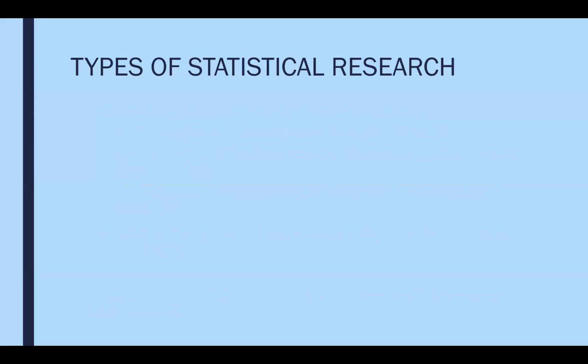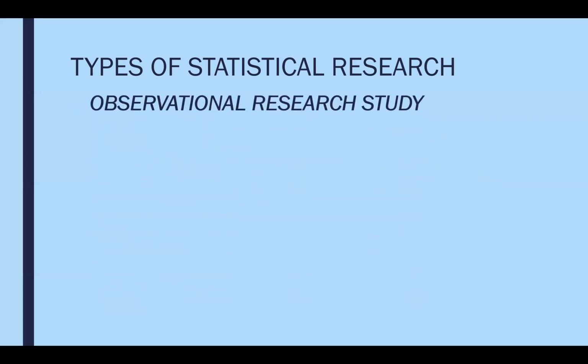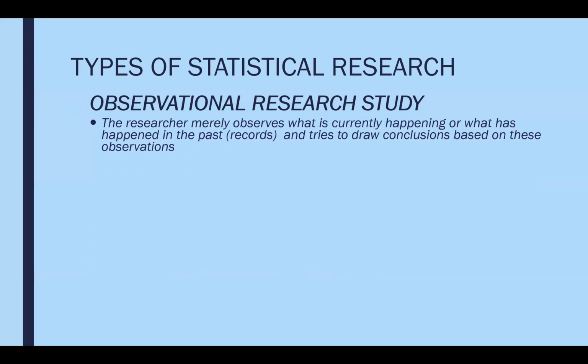So there are primarily two different types of statistical research, or statistical studies, that can be performed. The first of those is what we call an observational research study. Basically, observational, if you want to think about it, is people watching.